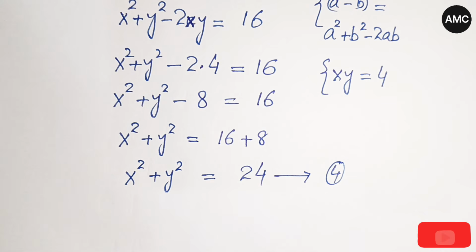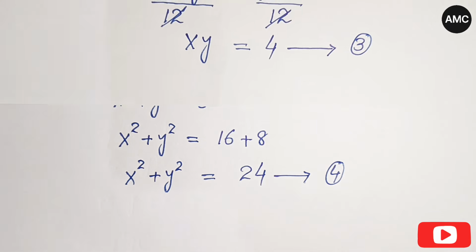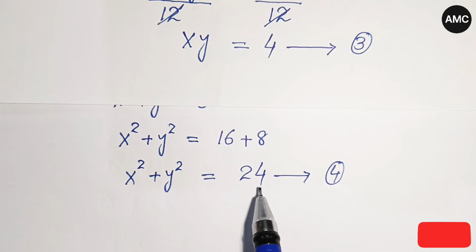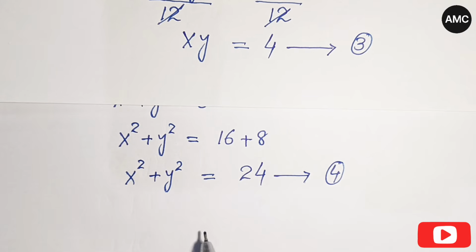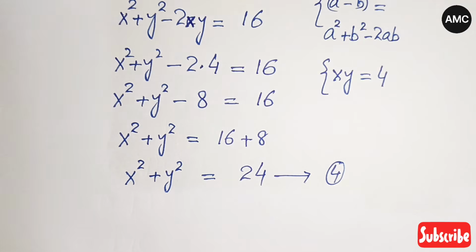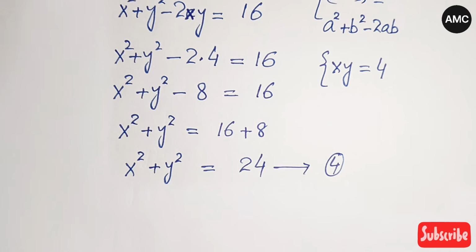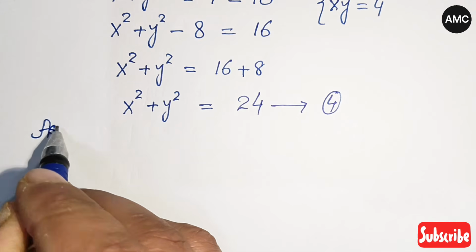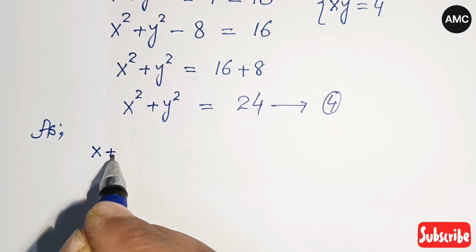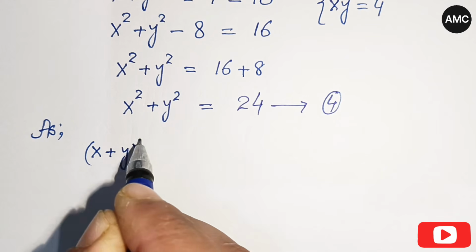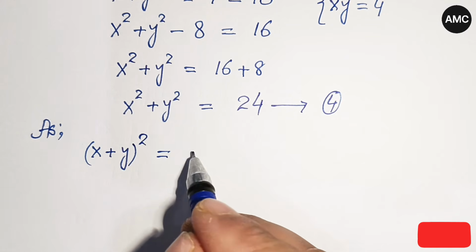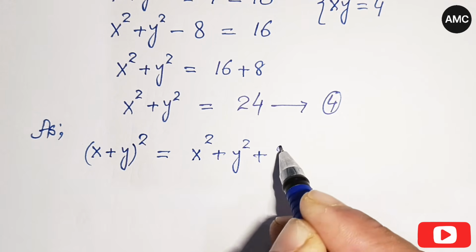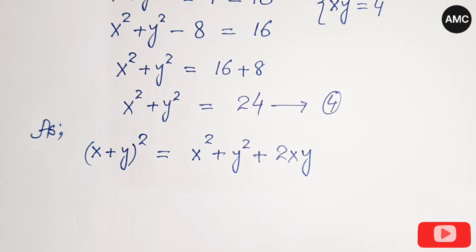Now we have from equation number 3 that the value of xy is 4 and x squared plus y squared is 24. Now, as we have to find the value of x plus y, we use this algebraic identity: x plus y whole squared is equal to x squared plus y squared plus 2 times xy.